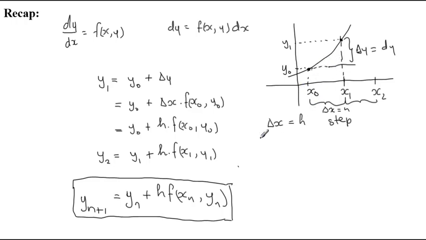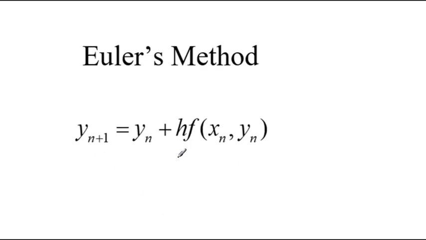So here is the summary of Euler's formula, which simply tells us that once we've got yn, we can get the next value by doing the following calculation using the previous values.